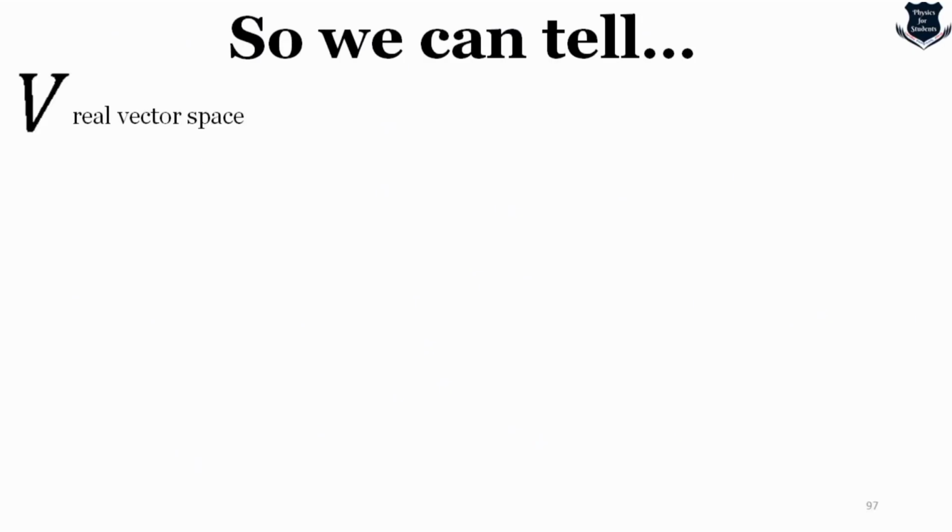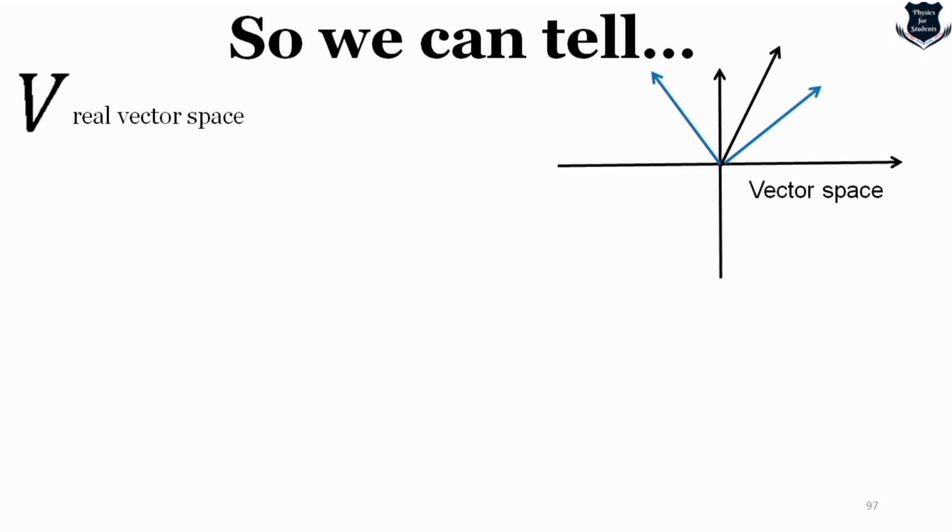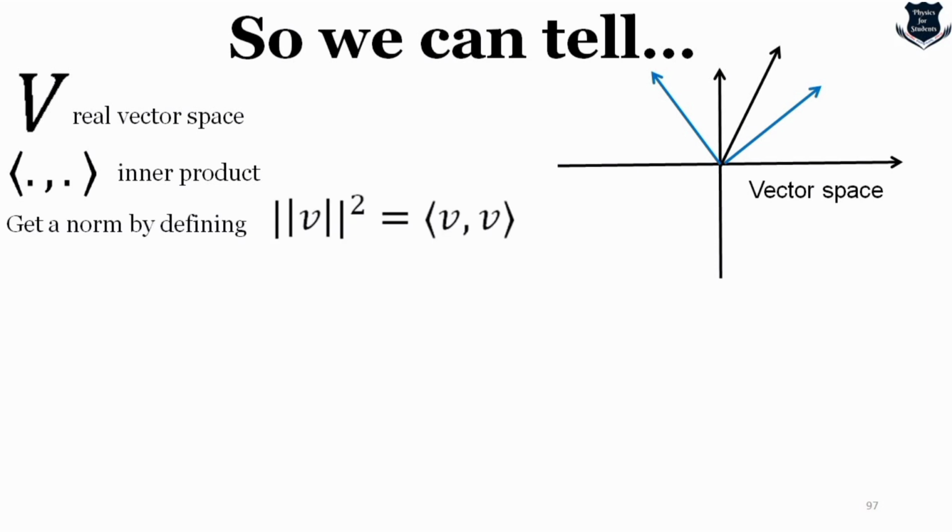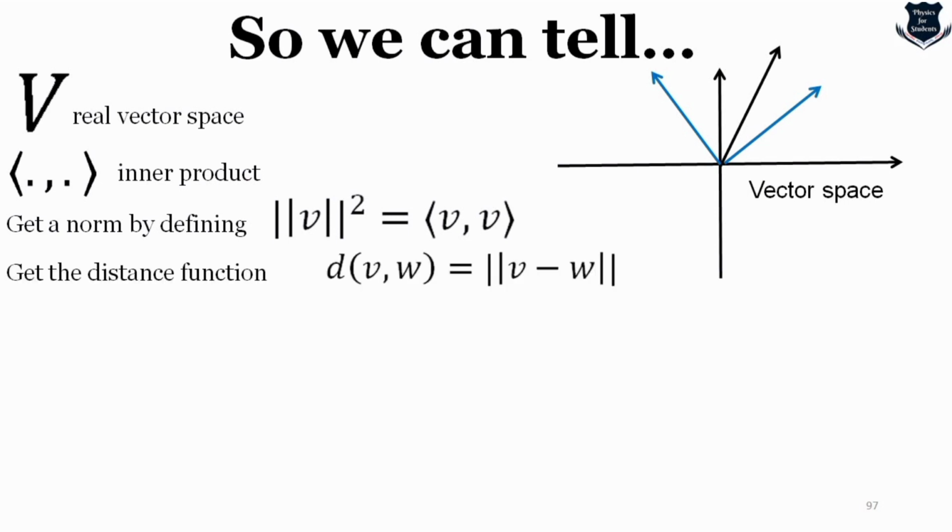So what we can say is that if we take V as a real vector space, then this is a demonstration of a vector space. We can just select an inner product. I'm not giving any values a, b. Once an inner product is chosen, one automatically gets a norm, right? By defining the norm squared of v. Consequently, we can also get a distance function by using the norm of v minus w, the distance between two points.